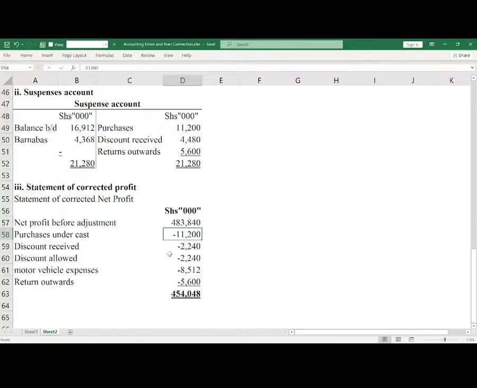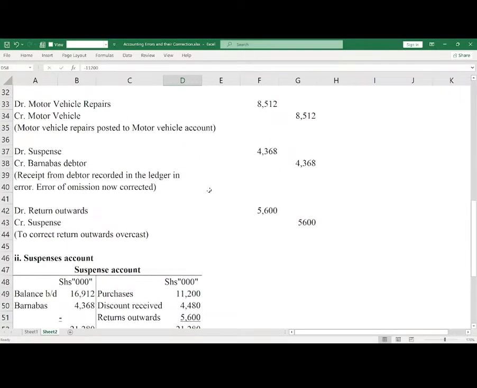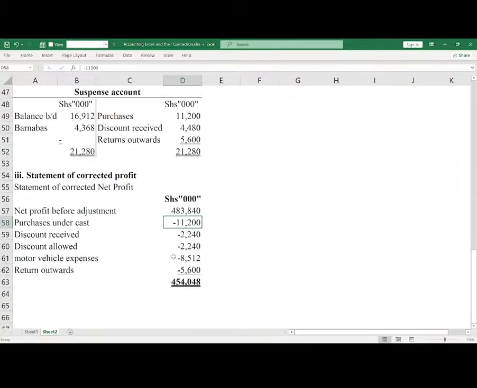Then we also have the discount allowed and received. You can combine them or you put them separately, 2,240, 2,240. Then we also have the motor vehicle repairs, which had been posted in the motor vehicle account. So you also have to subtract those, the motor vehicle expenses.